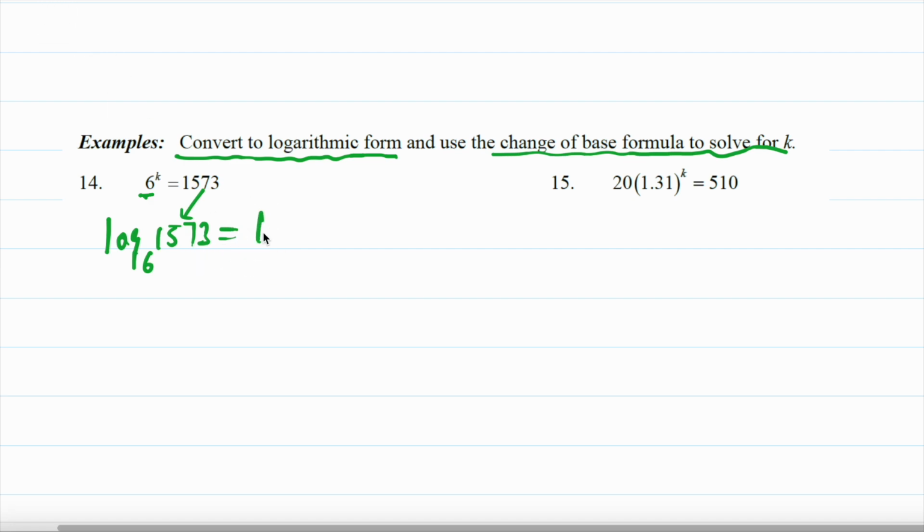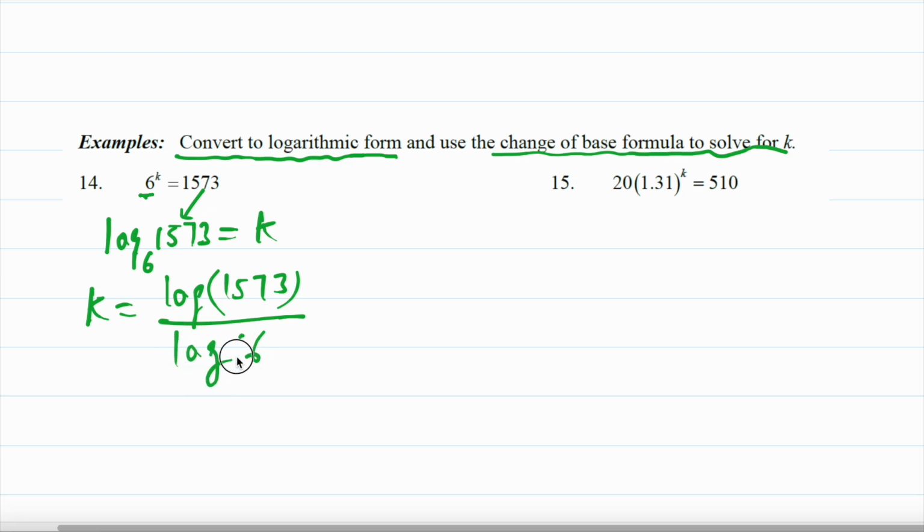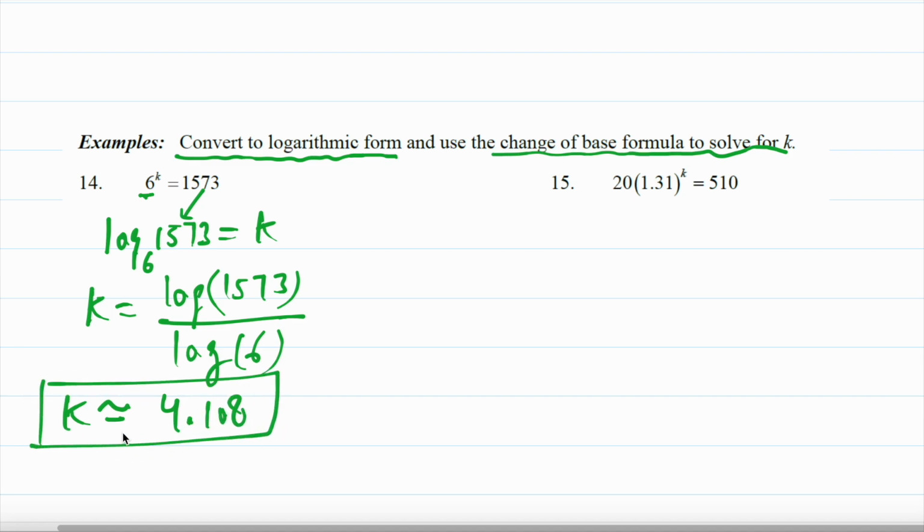So that is the value of k. Now we also know that we can write k as log 1573 over log 6, by using the change of base formula, which we just discussed in the previous question. So the value of k is approximately 4.108, and that's the answer to question number 14.